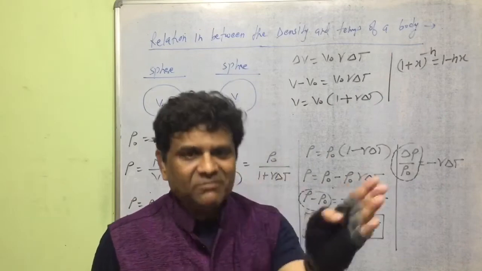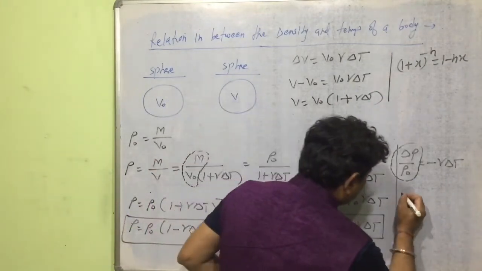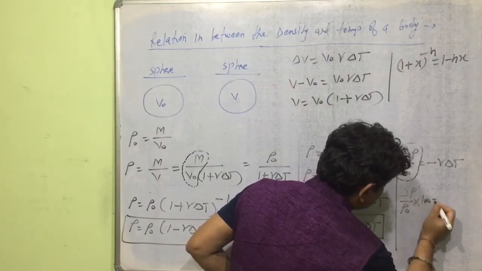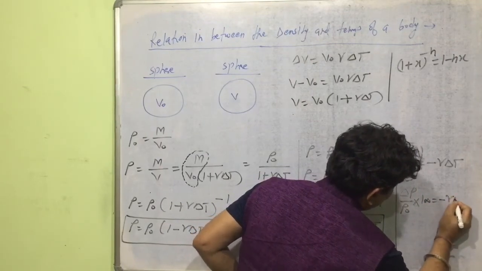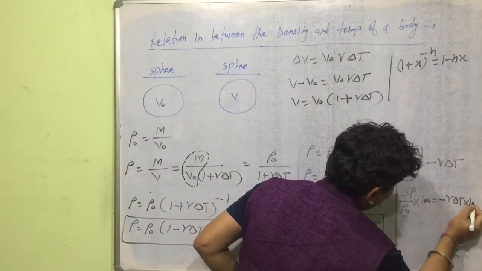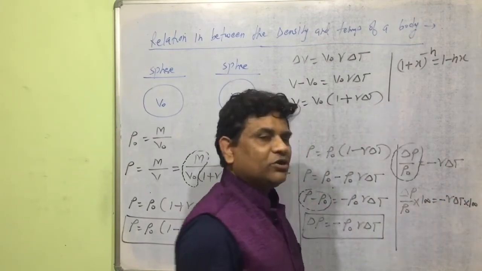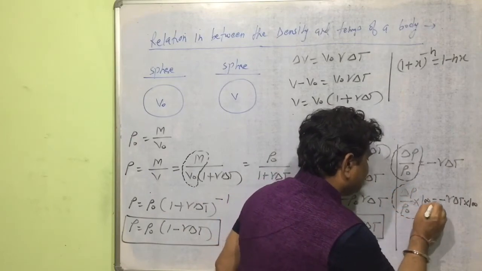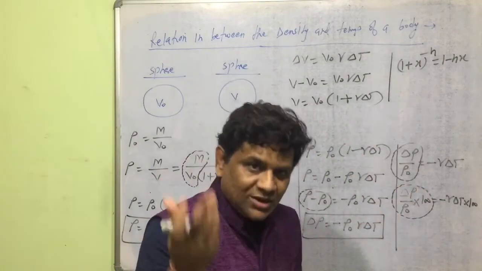Now multiplying by 100 on both sides, delta rho divided by rho naught into 100 will become equal to minus gamma delta T into 100. That relation is converted into the percentage change in density.